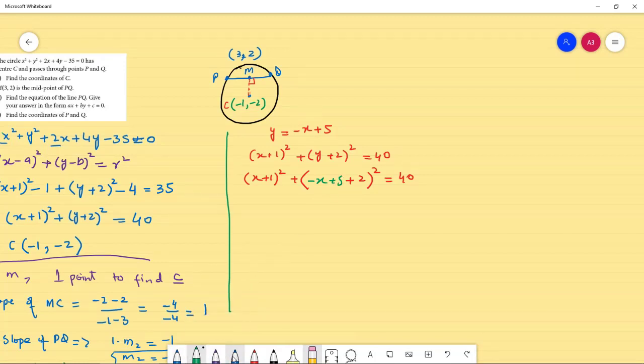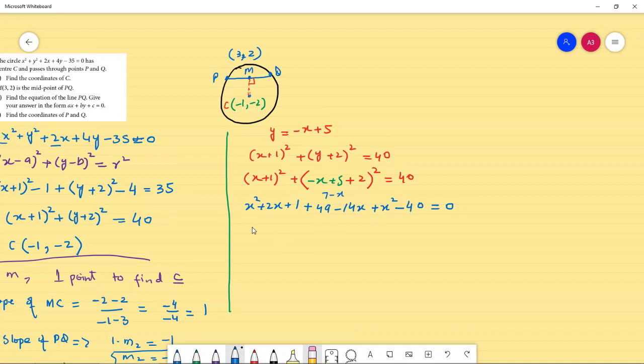So again, expand this now. (x + 1)² will become x² + 2x + 1, and this would become (7 - x)², which is 49 - 14x + x², minus 40 equal to 0.